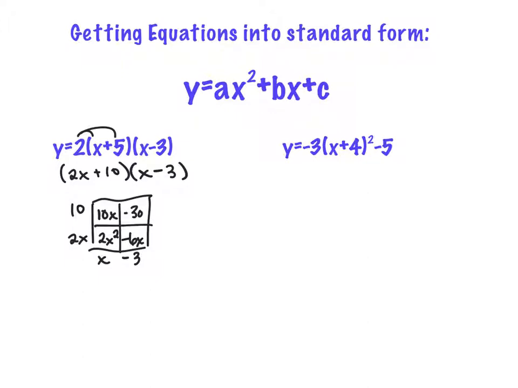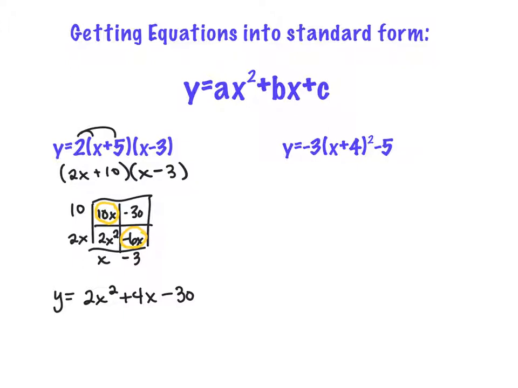Then I want to combine my like terms, which are the 10x and the negative 6x, and write it out again in standard form. So y equals 2x squared plus 4x minus 30. So that's two of the ways. There are a couple ways when you have a coefficient out front to get that into standard form. Whichever one is more comfortable for you, then by all means use that.